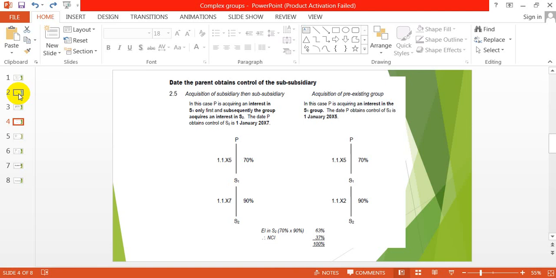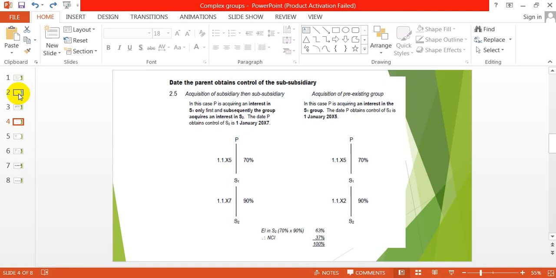Effectively, from 1st January X7, P controls S2, and the effective interest in S2 of P is 70% times 90%, which gives us 63%. The NCI will then be the remainder at 37%.